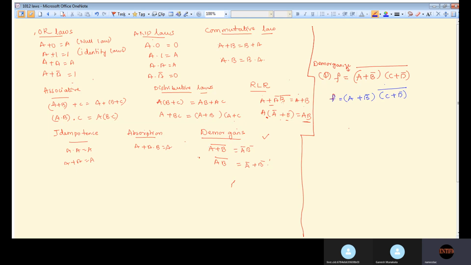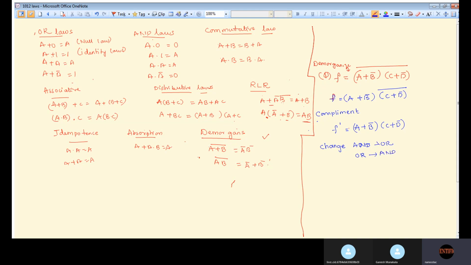Now if you are demorganizing, the first thing you do is complement the function. If you are complementing the function, F complement will become A plus B bar into C plus D bar. Now in demorganizing, first complement, next change AND to OR and OR to AND.